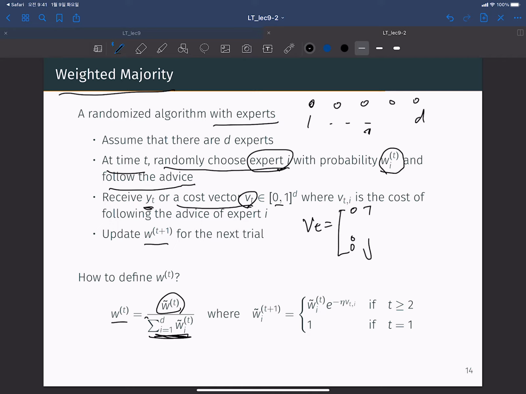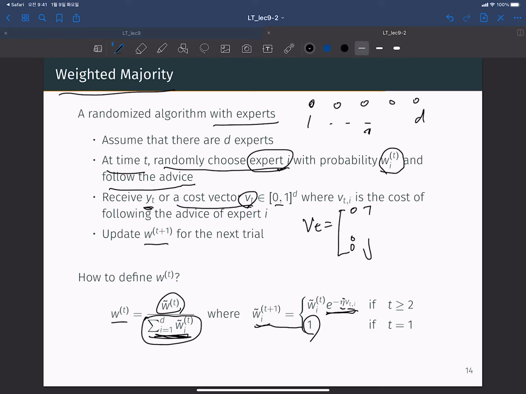So we just divide by the sum of the elements. And w tilde t follows this updating rule. So starting from value 1, at each time for each element we multiply by exponential of minus eta times the cost v_t,i, the cost of expert i.